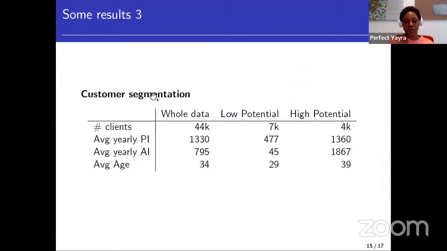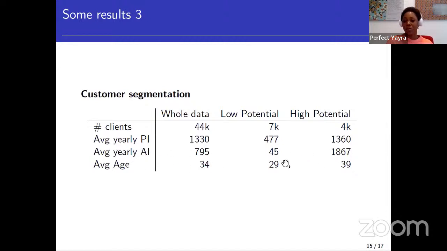And this is a result on how we segment the customers. In the whole data set, the average yearly potential is approximately 1,300 euros. Realize that the average potential investment we expect from our high potential customers, after the segmentation, is very close to it, and they actually perform more than the average.